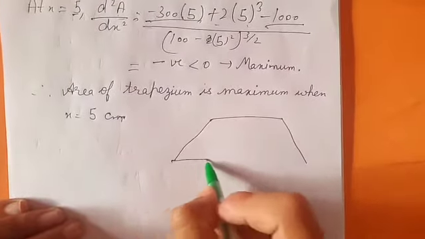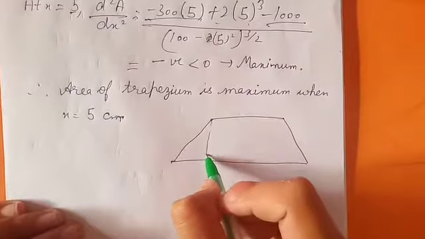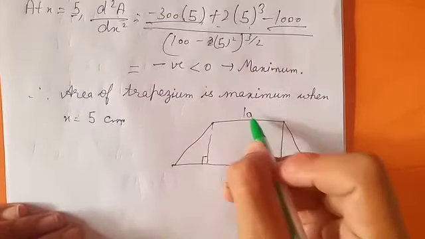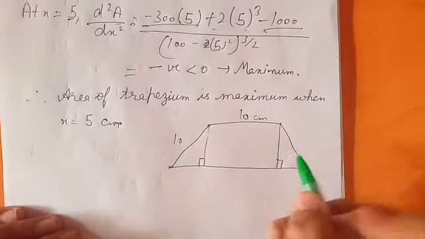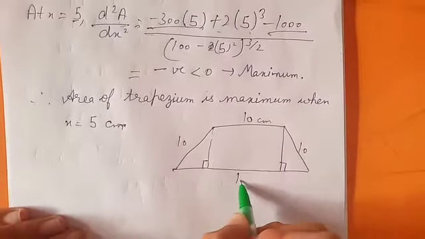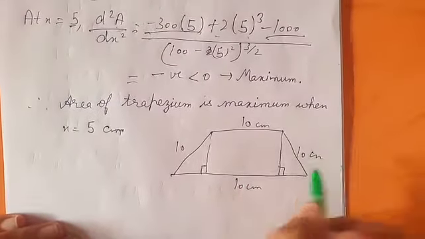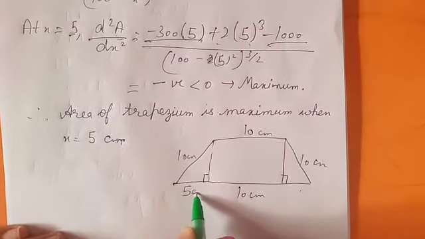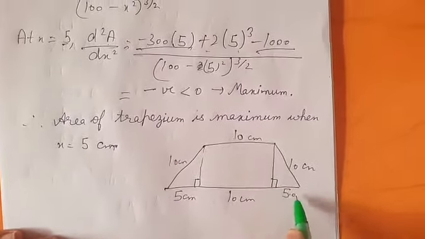This was our trapezium, these were our perpendiculars. It was 10 centimeter, it was also 10, this was 10, this was also 10 centimeter, and these were our x, that are 5 centimeter, 5 centimeter.